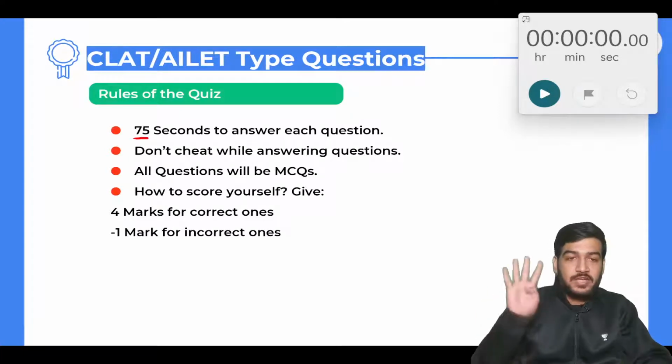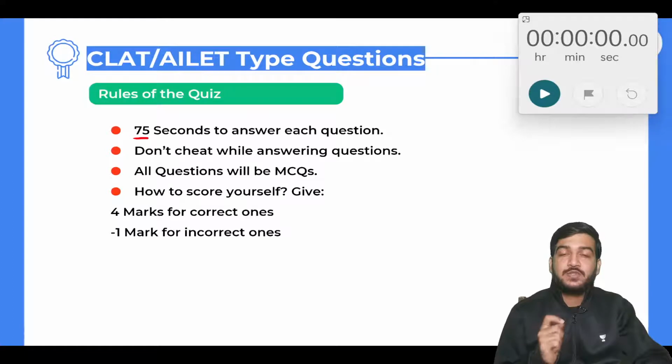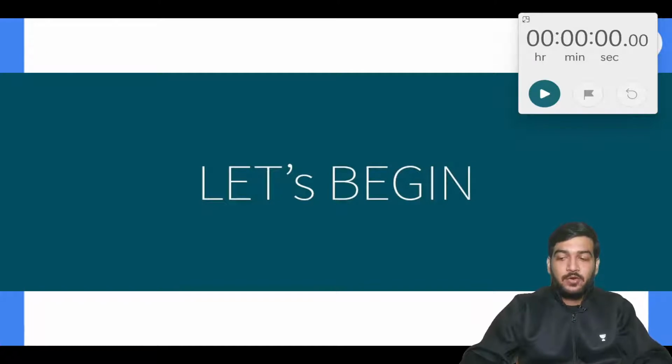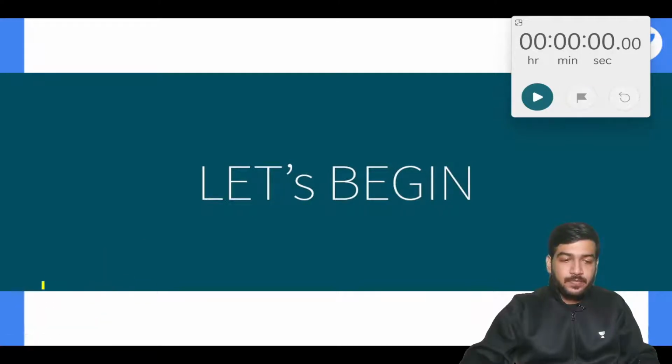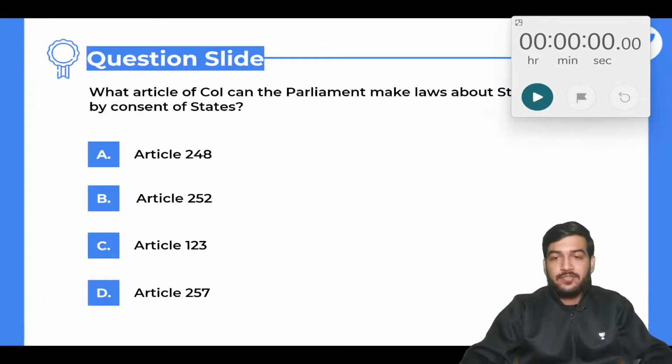You can mark yourself 4 for correct answers, -1 for incorrect ones. You all can see the clock running at the top. This clock will be running while we prepare for the quiz. So let me select the highlighter and let's go live.